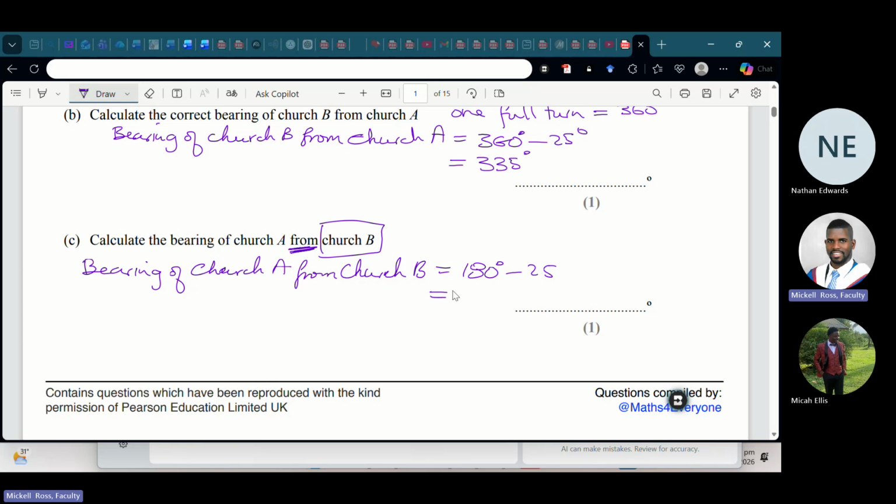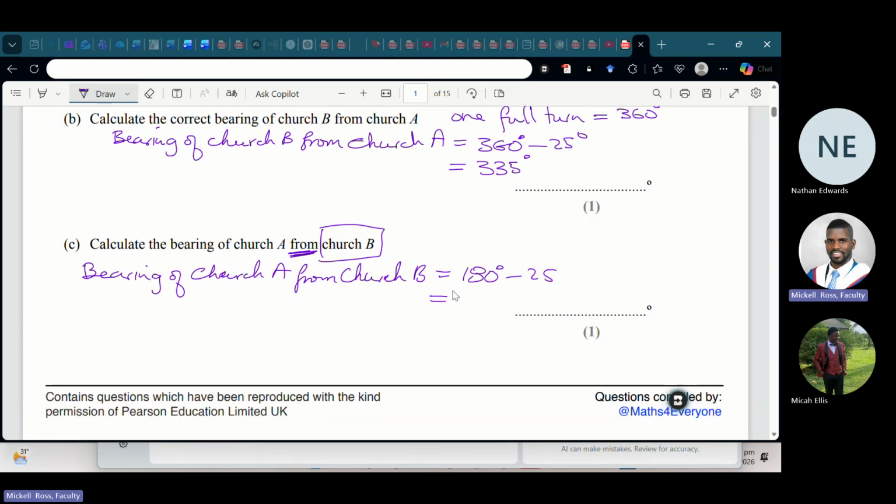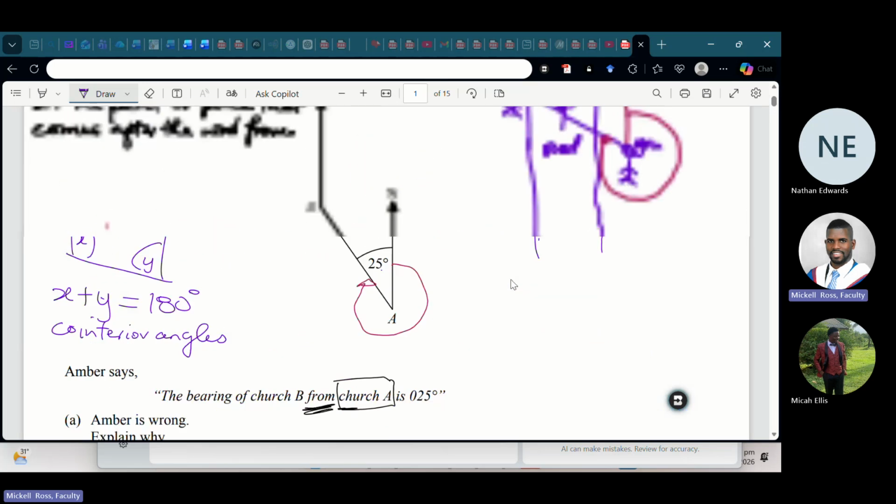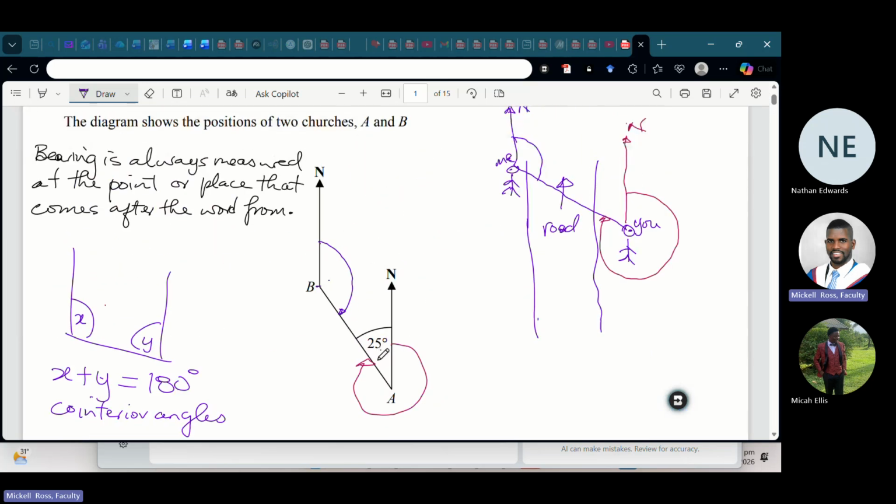Because remember, both angles on the inside, this one and this one, must add up to 180 degrees. So if I know the first one, all I need to do is subtract it from 180, and then I will get the next one. All right.